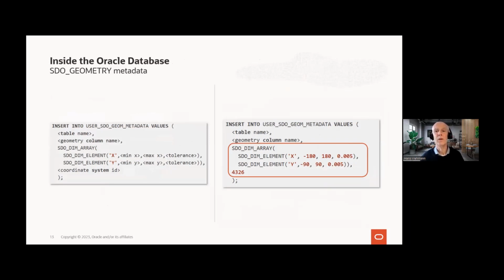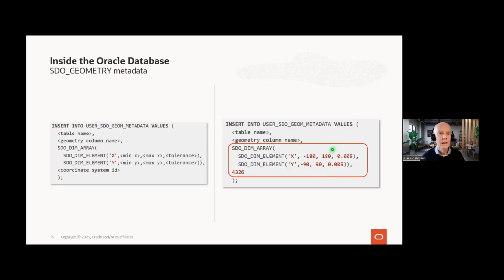And in order to create a spatial index, we need to provide some metadata. And that's, for example, the coordinate system information, right? And the minimum and maximum values in the 2 or 3 dimensions which you have. And if you look at the example here, this is what we need to insert into USER_SDO_GEOM_METADATA in order to make sure that the database knows what you're talking about and what the boundaries are and so on.